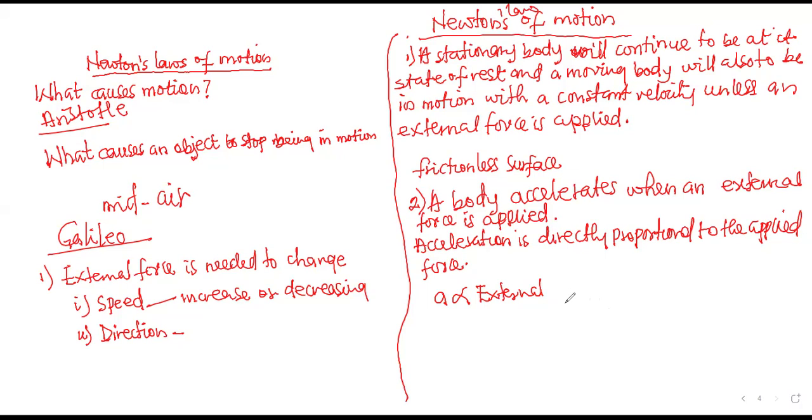That is acceleration. Meaning, when the applied force increases, the car's acceleration would also increase. When the applied force decreases, it would also decrease. This is Newton's second law of motion.